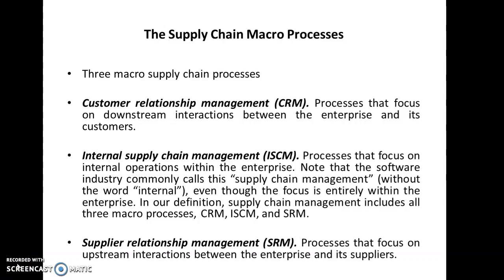The supply chain macro processes. Three macro supply chain processes are: the first one is customer relationship management, shortly called CRM. Processes that focus on downstream interactions between the enterprise and its customers.